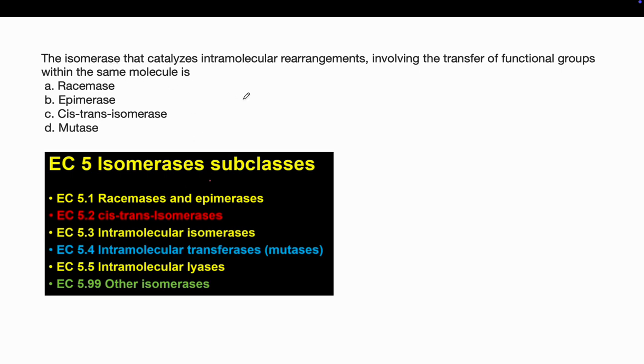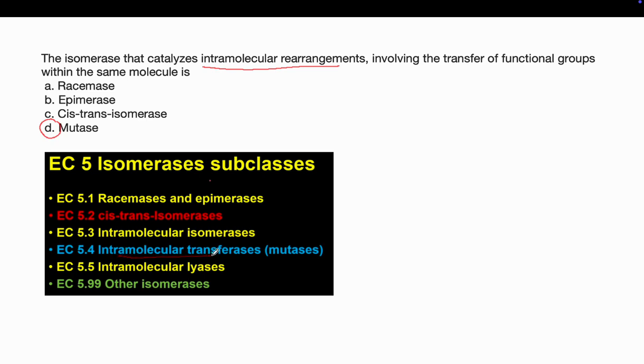The isomerases that catalyze intramolecular rearrangement, as asked in this question, are carried out by the enzymes mutases. These mutases carry out intramolecular transferase reactions, or intramolecular rearrangement. They belong to subclass 4.